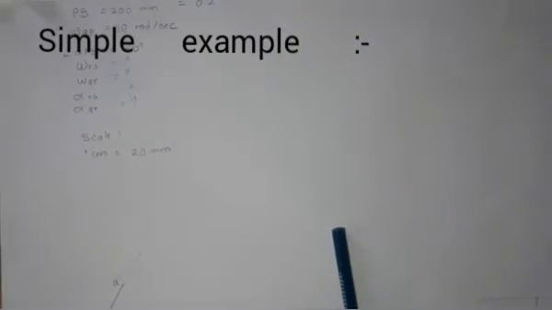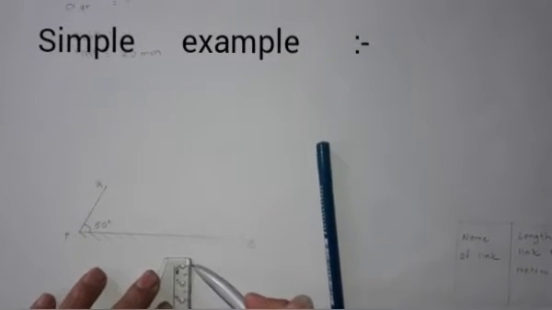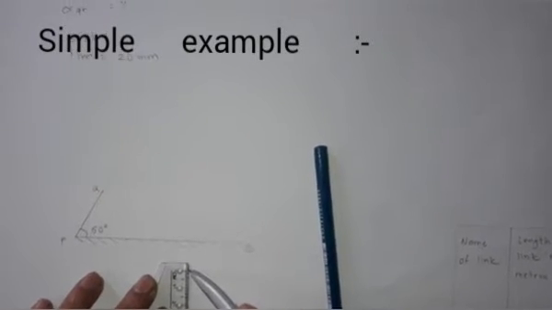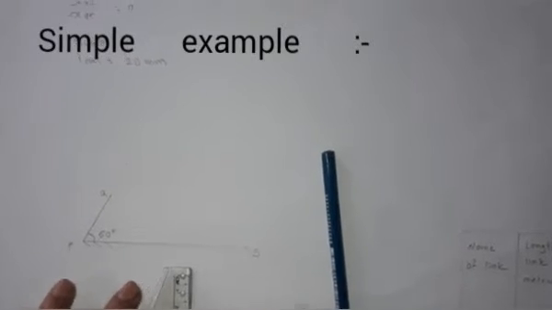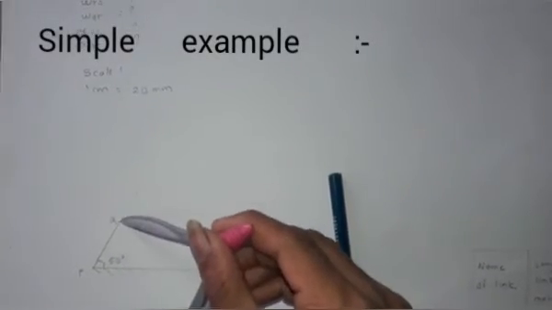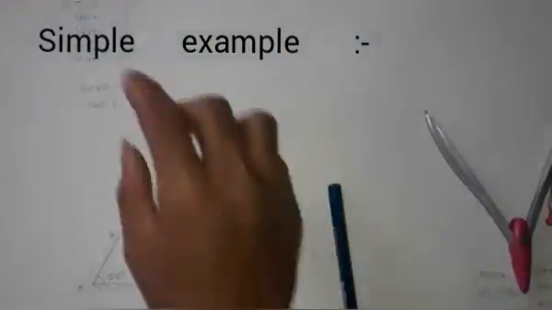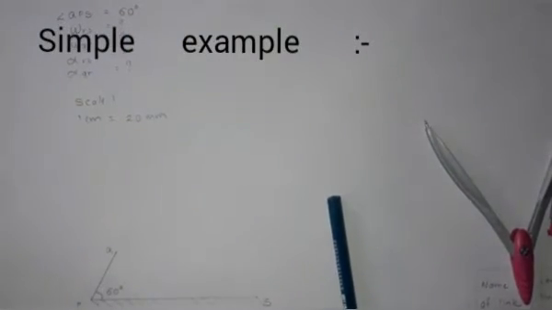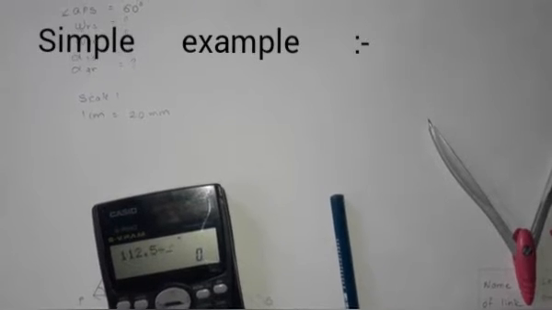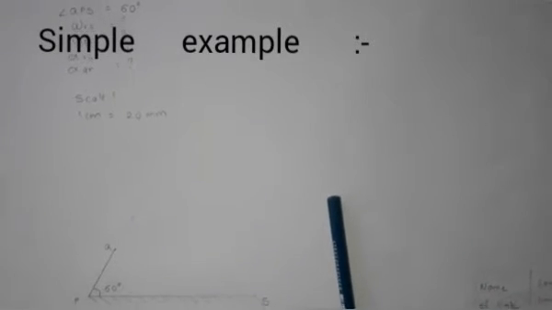And RS is 112.5. From scale it will be 5.6 centimeters.